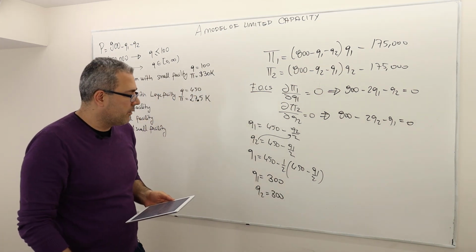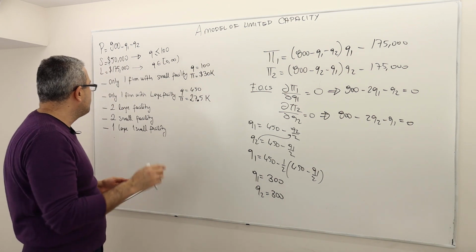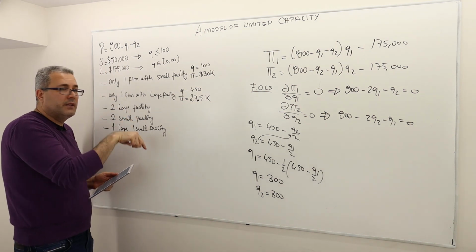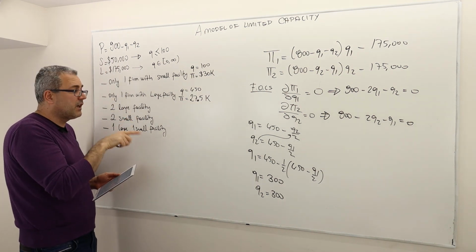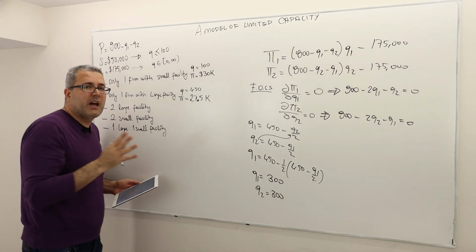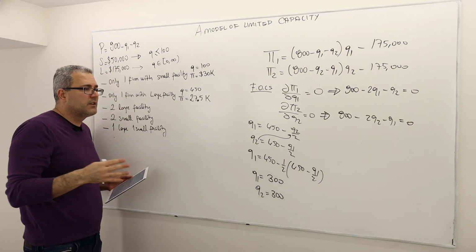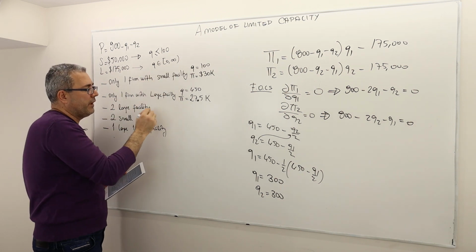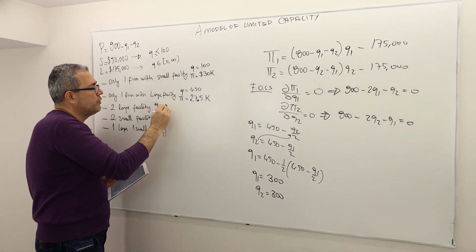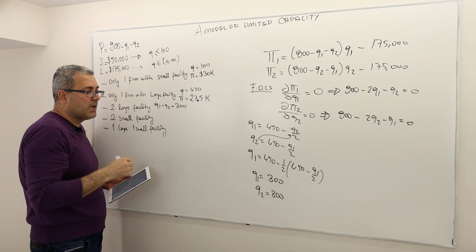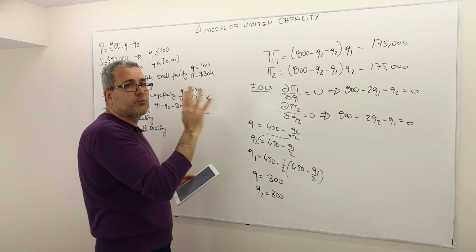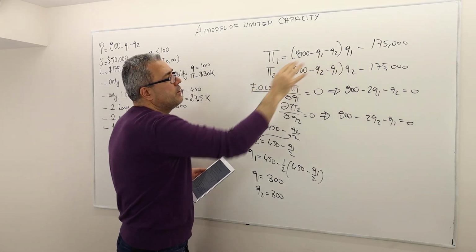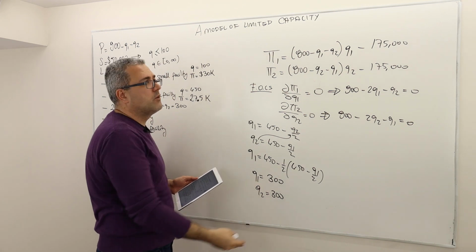All right, so the Nash equilibrium, when both firms are in the industry and they both have large capacity, remember, they do not have any constraints. They can produce any number of output. So Q1 equals Q2 equals 300 units. What's going to be the profit? Well, whenever you see Q1 and Q2, just plug those numbers.